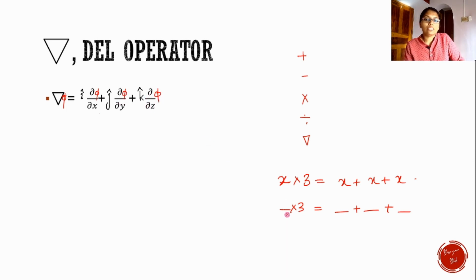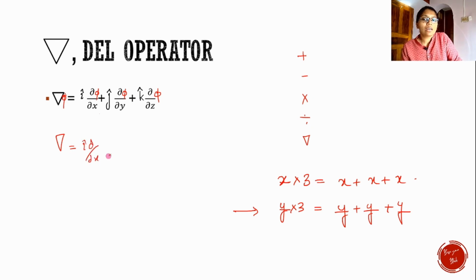Similar to this, we know that this mathematical expression is incomplete unless I add some number over here. If I add y here, then y into 3 is y plus y plus y. Similarly, this del operator is defined like i dou by dou x plus j dou by dou y plus k dou by dou z. Okay, I will give an example.